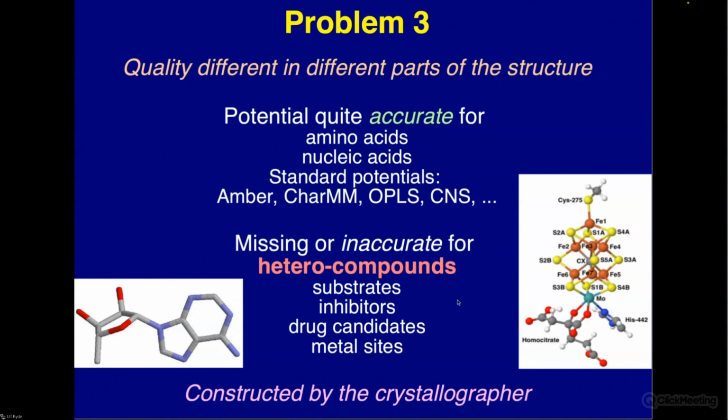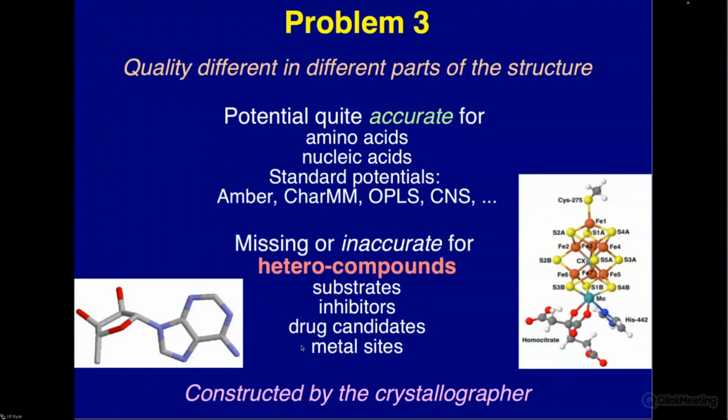Whereas for other things that are less common in crystal structure, like the substrates, inhibitors, drug candidates, metal sites, there you have much less experimental information and therefore less accurate molecular mechanics potentials. And the bad thing is, of course, that these hetero compounds are mainly found in the active site. So in the most interesting part of the crystal structure, there the accuracy might be worse.